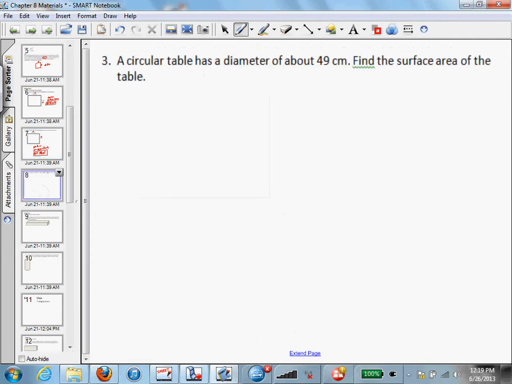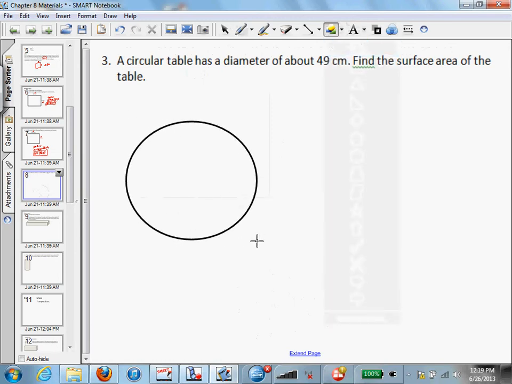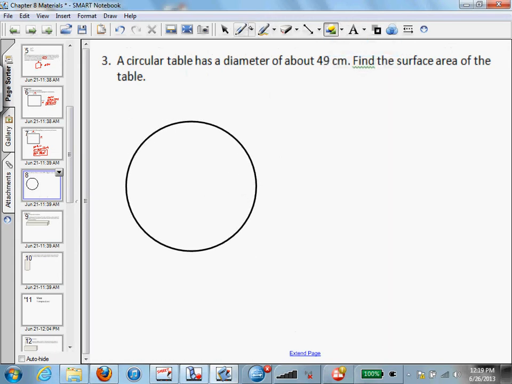With this next example, we have a round table. And I believe we can actually draw a circle. So with this circle, we have a diameter of 49 centimeters.